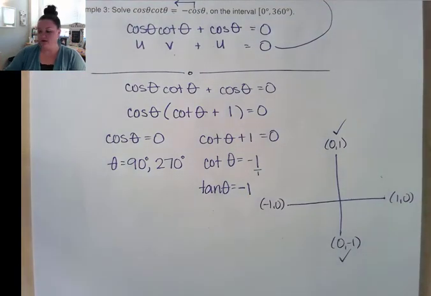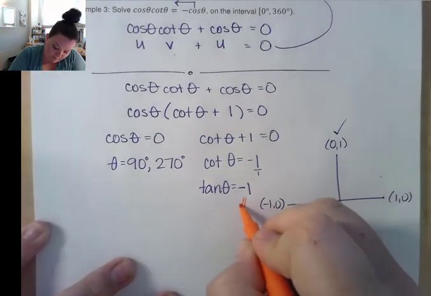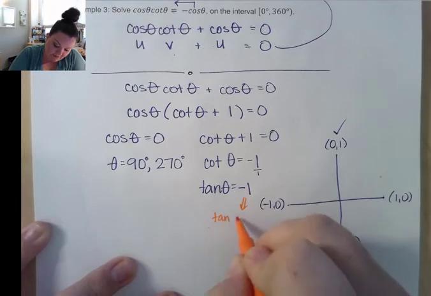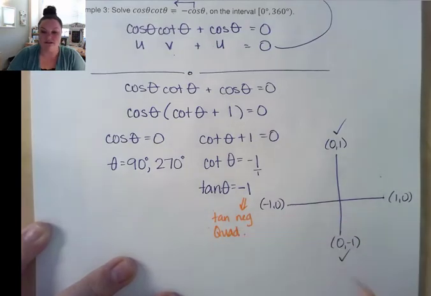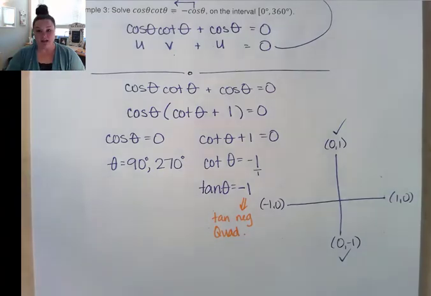The first thing I notice is that my tangent value is negative. That tells me which quadrants this angle should lie in. Remember, tangent is the ratio of sine to cosine. So if I want a negative, that means my sine and cosine values can't both be negative or both be positive.